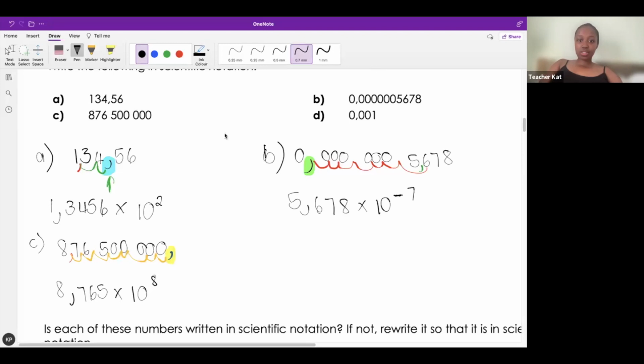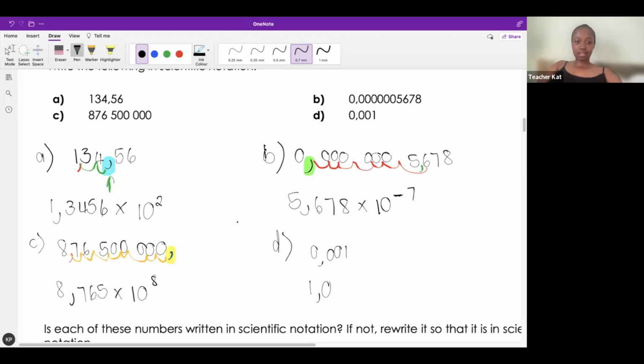Okay, let's do the last one, number D. And it is 0, 0, 0, 1. Where do I want my comma to be? After the 1, right? So I'm just going to write a 1 because I know the comma is after this.